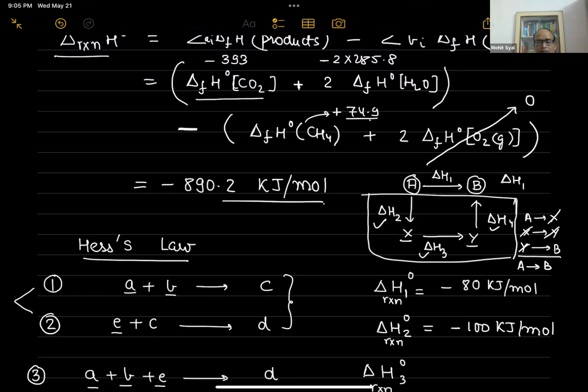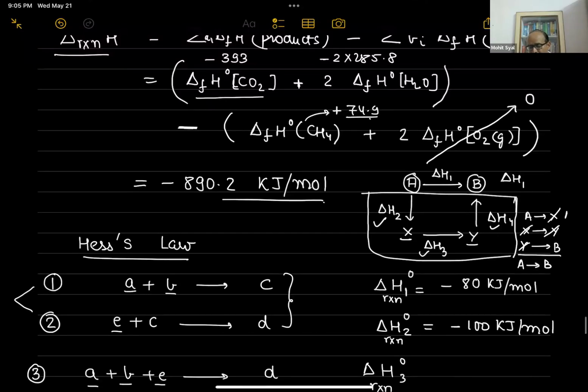Because you have added the three equations, the heat change will also be added: delta H2, delta H3, delta H4. So delta H1 will be equal to the sum of delta H2 plus delta H3 plus delta H4. So A to B, the heat change is direct as this, indirect is the sum of these.